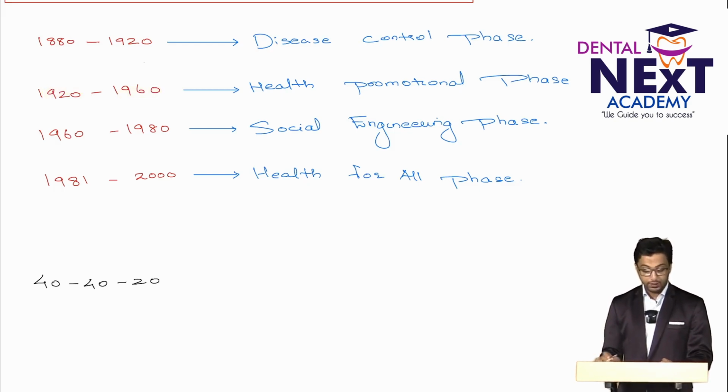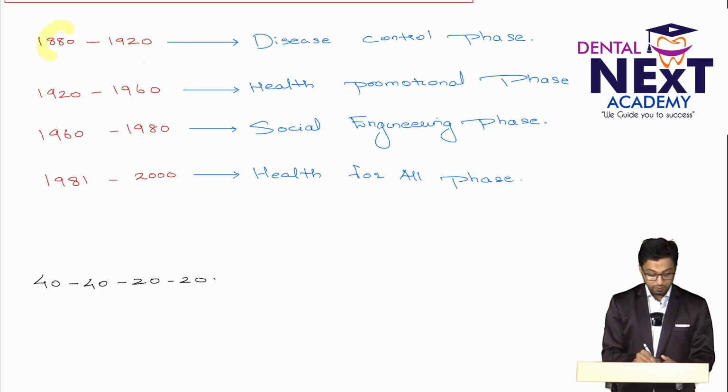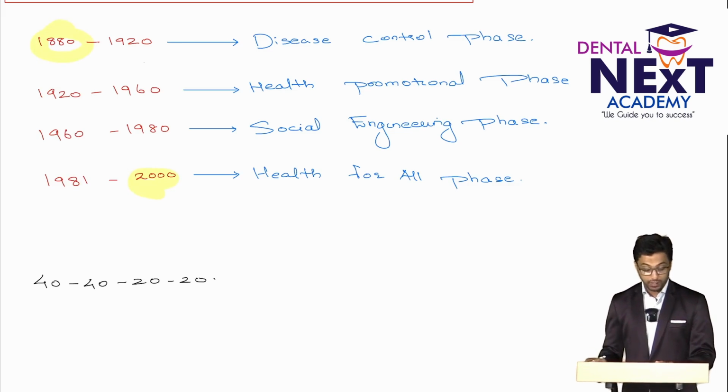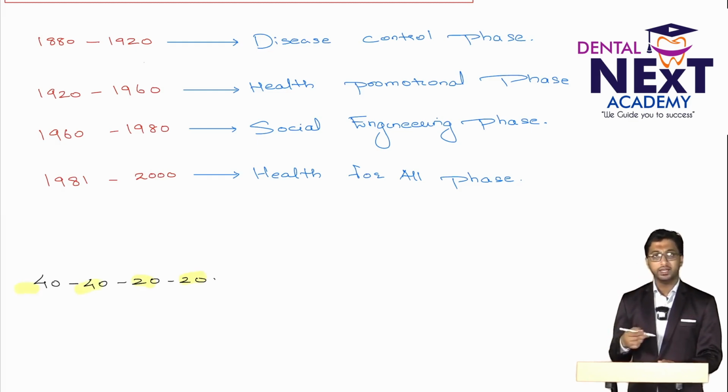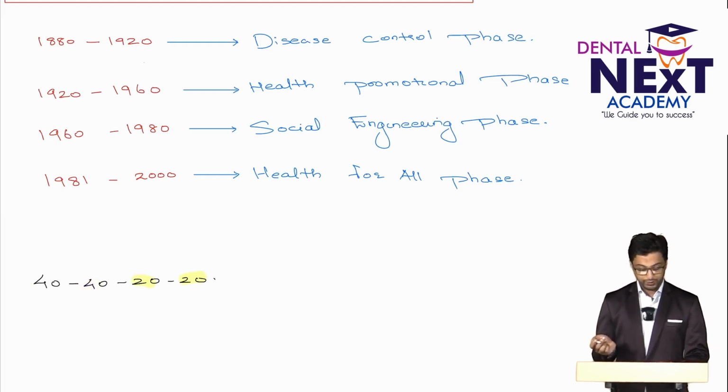Then add 20, that is 1980. Then add 20 again. So that is 40, 40, 20, 20. If you just remember 1880 somehow, the end product is 2000. Or you can go back, the easier date to remember is 2000, so 20, 20, 40, 40, and just subtract. Whatever is your comfort, do it that way.